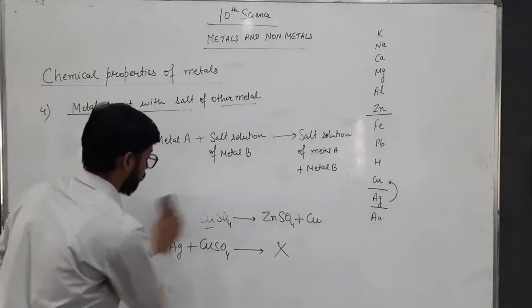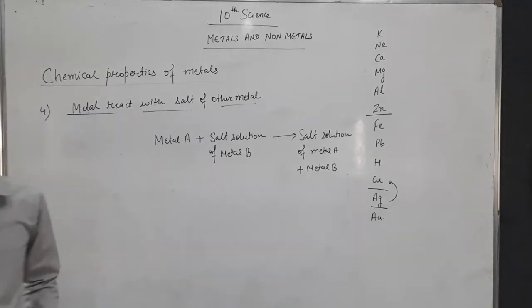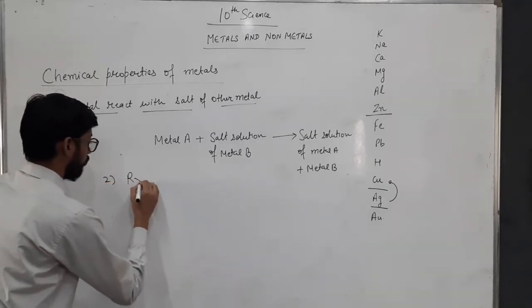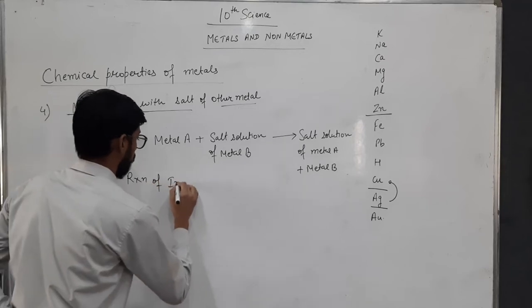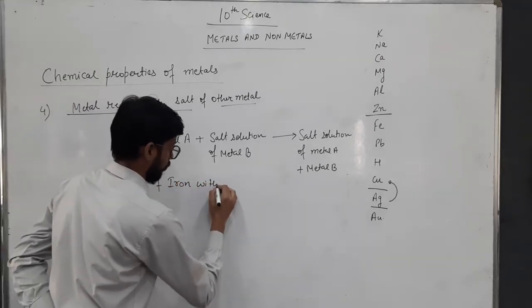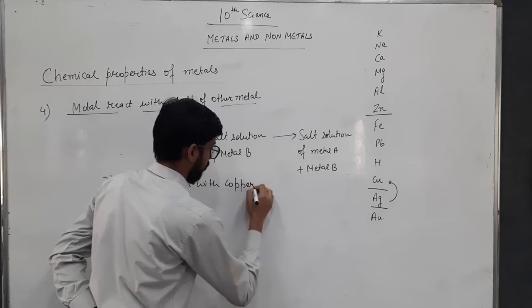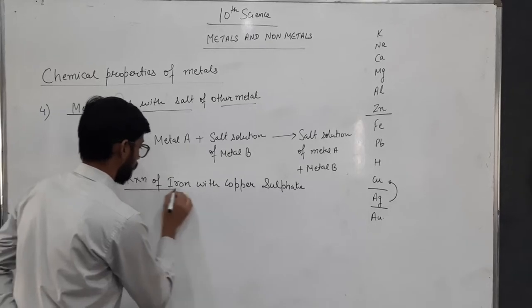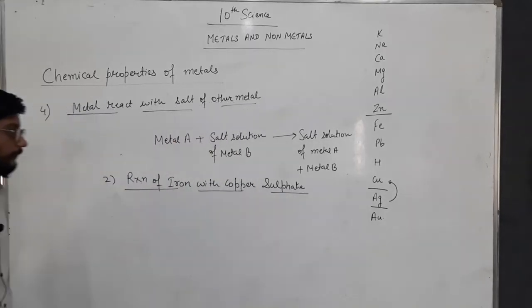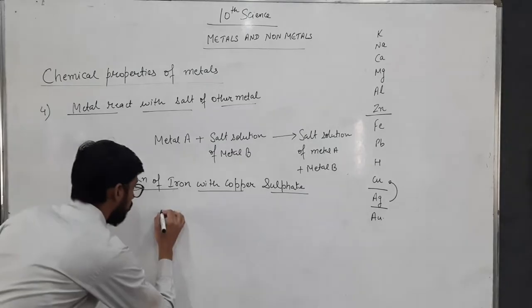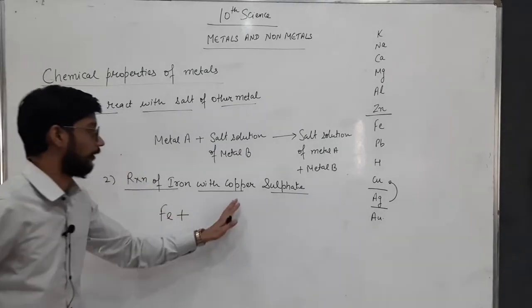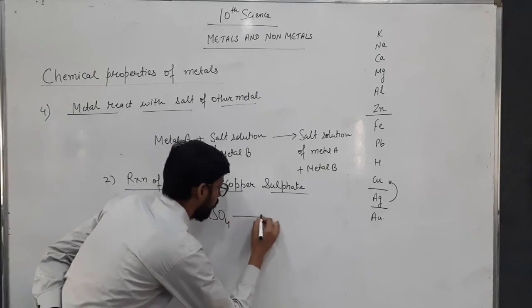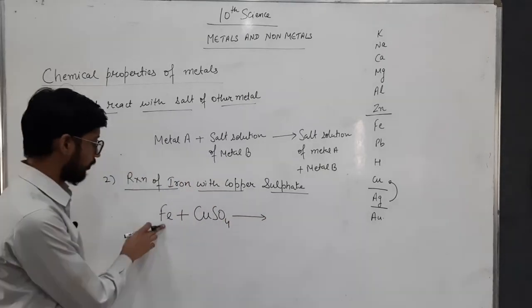Second, reaction of iron with copper sulfate. So iron is your metal A, that is Fe, plus copper sulfate, CuSO4, and they will react.